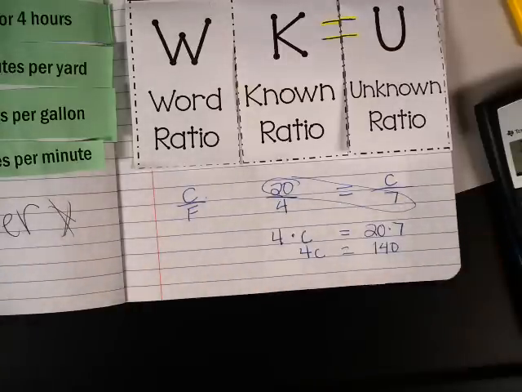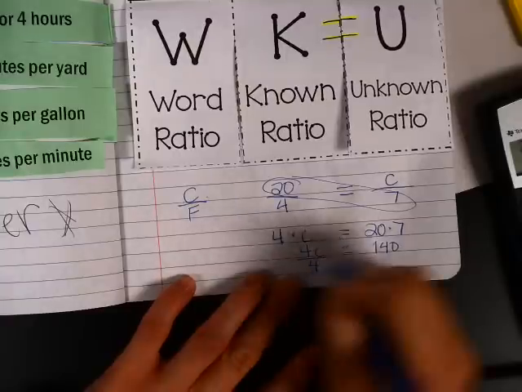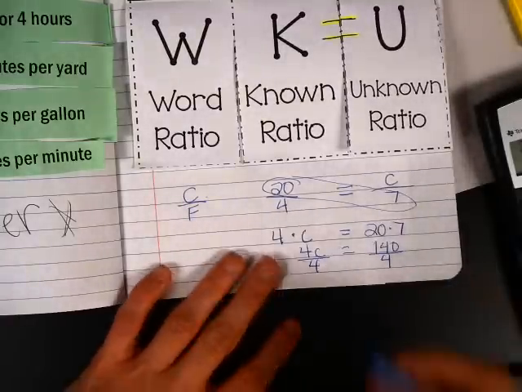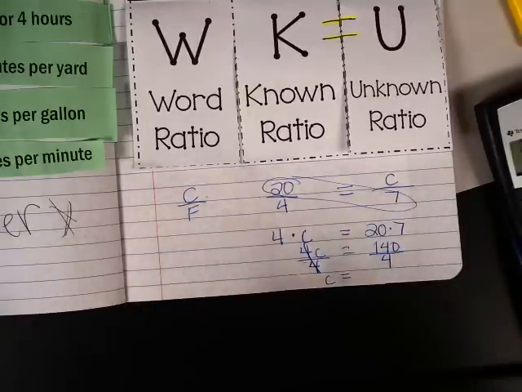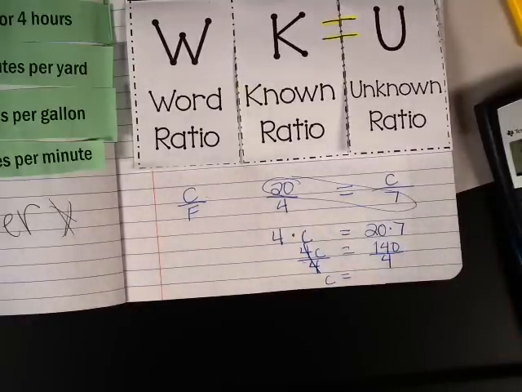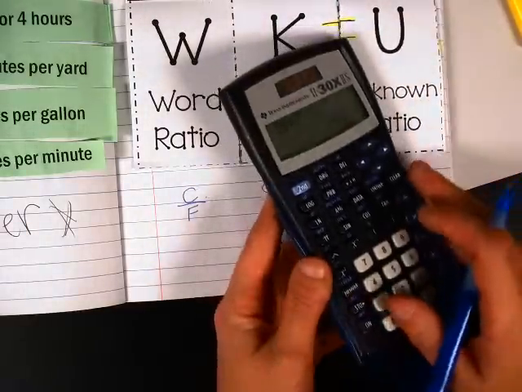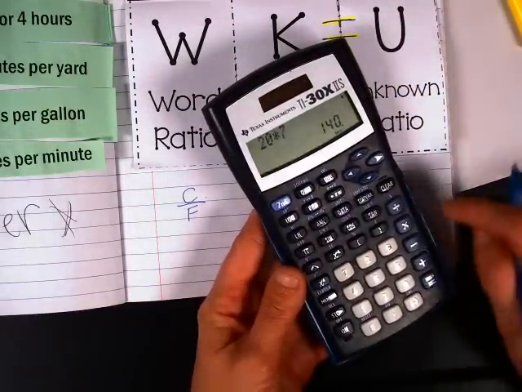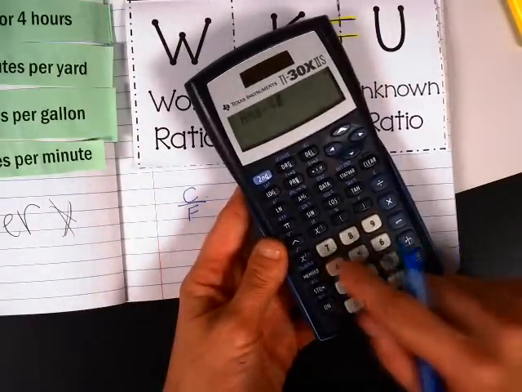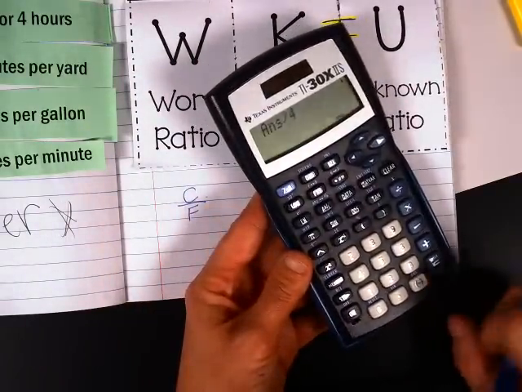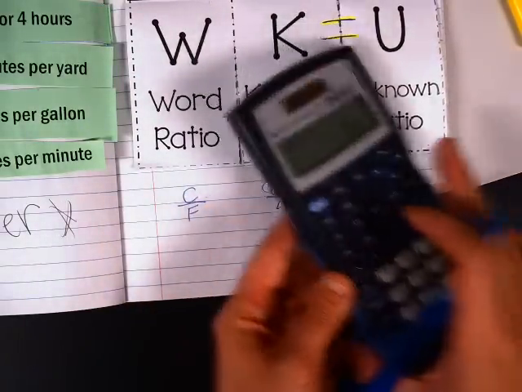Well, that's divide. So we're going to divide by 4 on both sides. That leaves just my variable, left it all alone. And now 140, which I just left in my calculator, divide by 4. And you get 35.